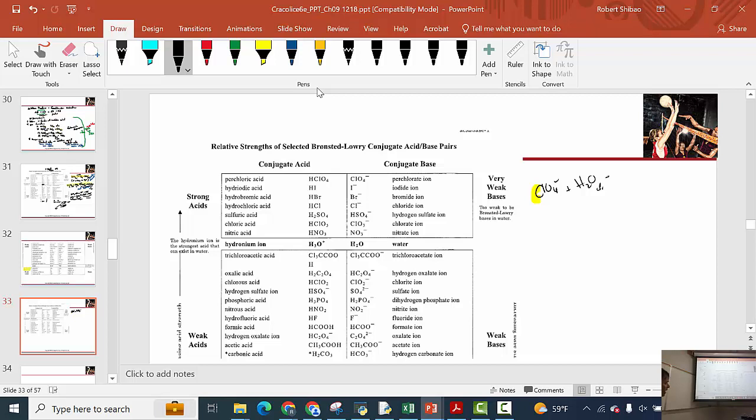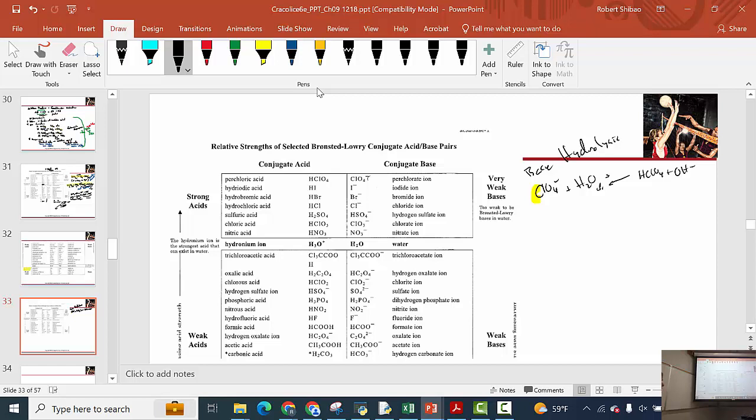Perchlorate can take a proton from water to make perchloric acid and hydroxide. This is called base hydrolysis. This is terribly uphill, but it's an inverted hill here.